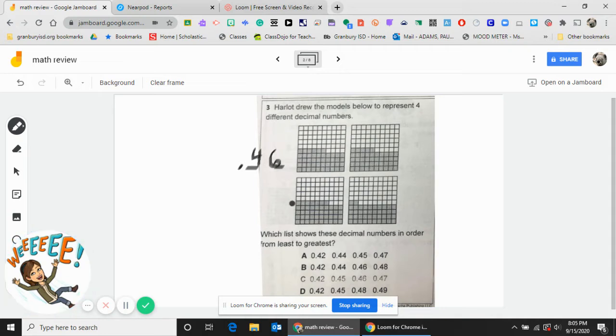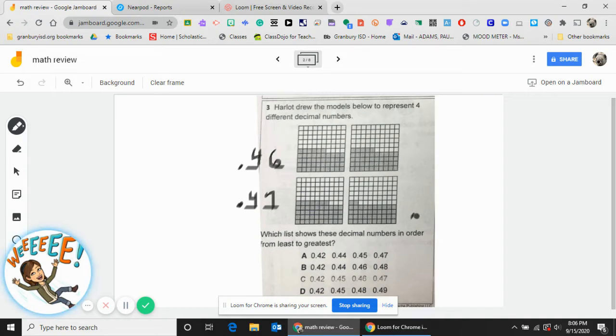There we go. This one here, decimal, it's a hundredths place line, so tens, hundredths. I've got 10, 20, 30, 40 again, and then I've got 1, 2, 3, 4, 5, 6, 7. I notice even comparing these two, this one's greater.